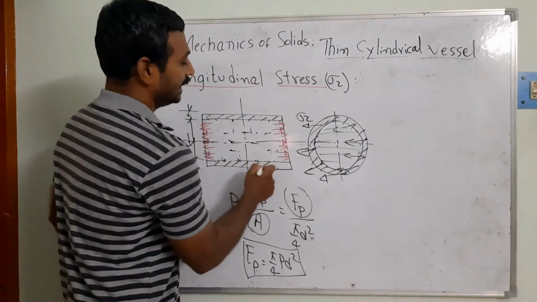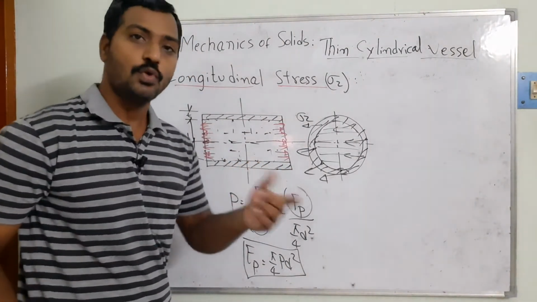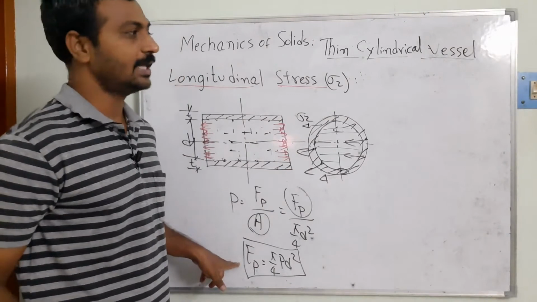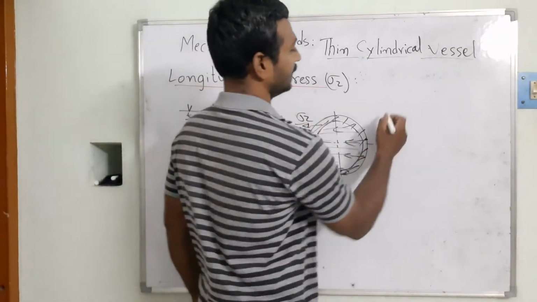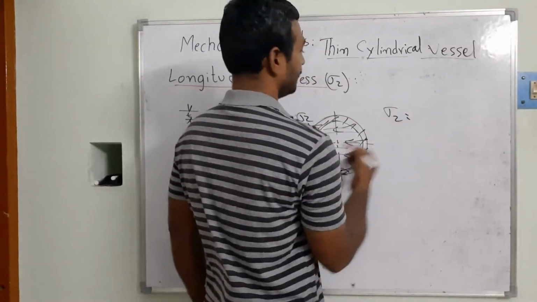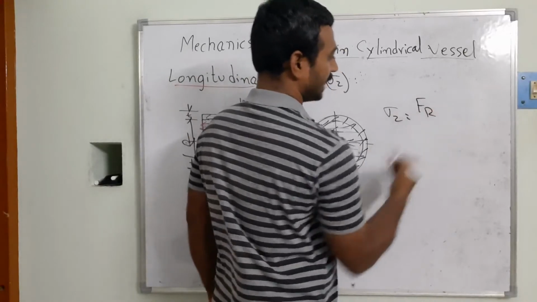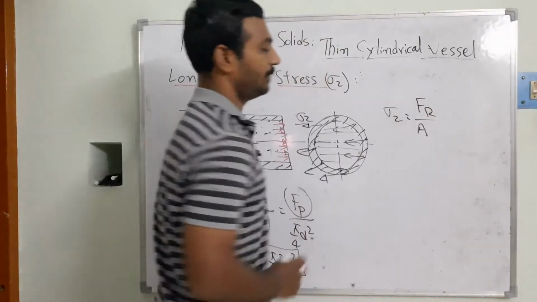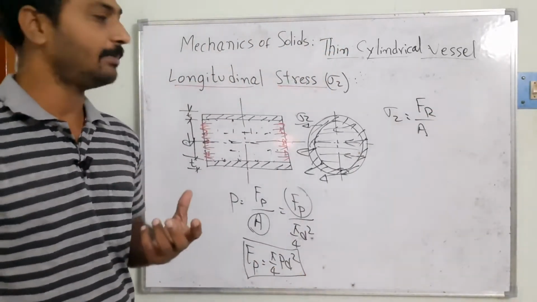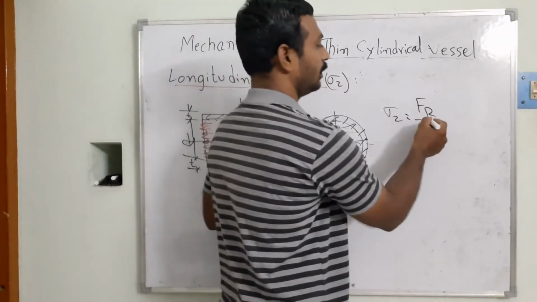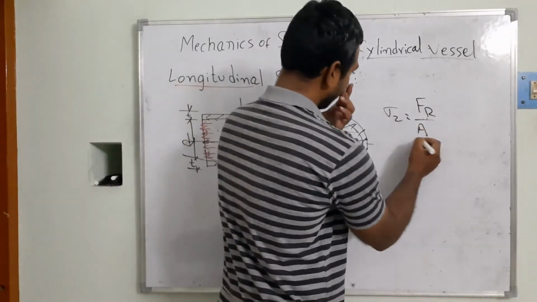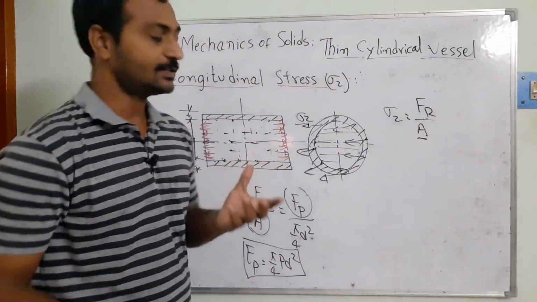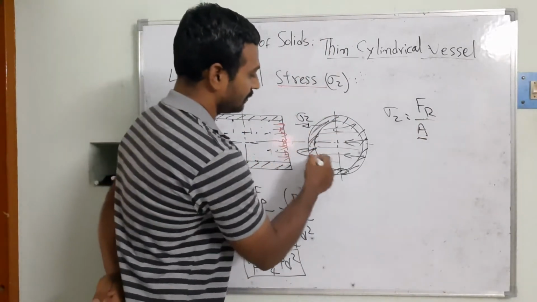Similarly, the material of the vessel also develops a sustained resistance opposing the pressure forces. I take sigma 2 equal to the resistance force Fr by area. Now, we need to calculate Fr, and the area it is suffering. This is the area it is suffering.